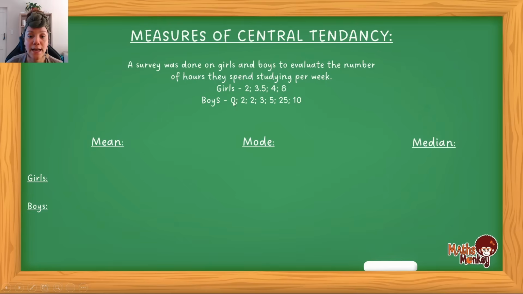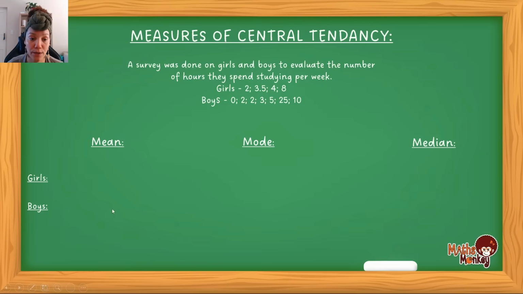Then the boys, there's 1, 2, 3, 4, 5, 6, 7 boys who gave us answers here, and this is all equal to the amount of hours they study every week. In this case, we want to calculate the mean, the mode, and the median for both the boys and the girls.